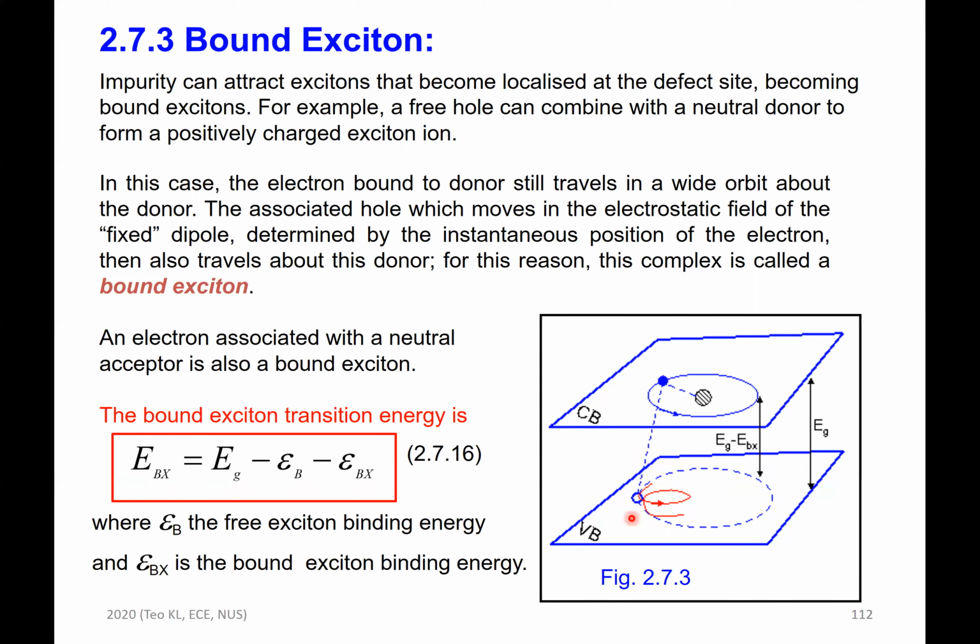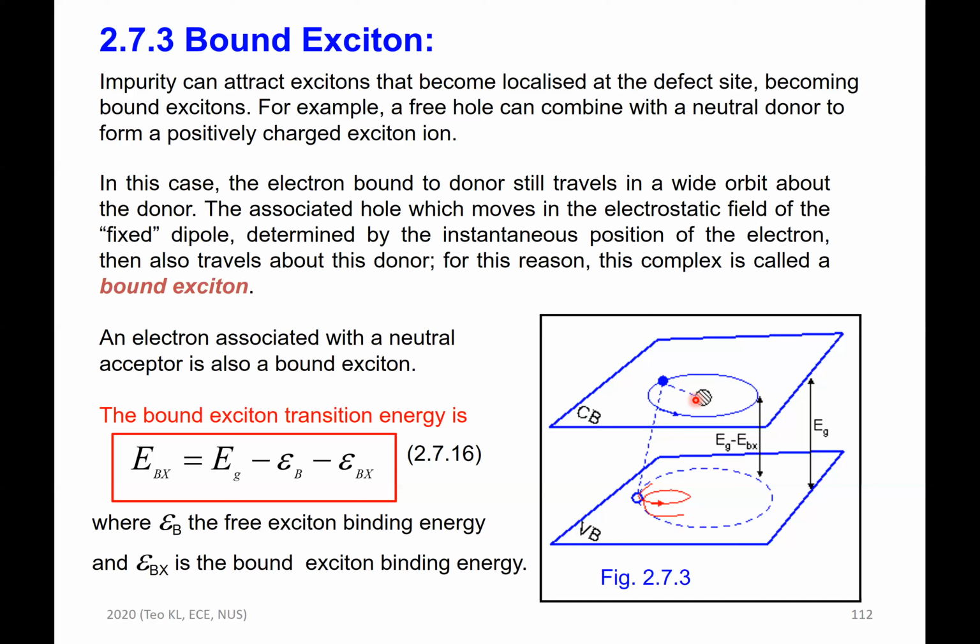So it basically determines the instantaneous position of the electron. So as you move, this hole will track. So there's this attraction between the hole and the electron bound to the donor. So basically, the electron will travel around this donor and the hole will track the electron. So this complex kind of attraction, we call the bound exciton.